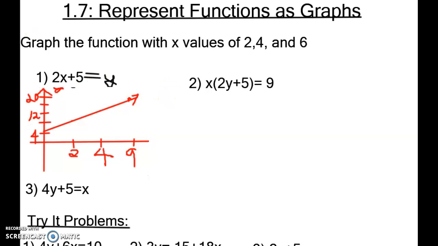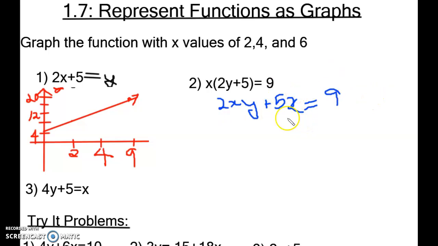They say x times 2y plus 5 equals 9. So here you'd have to distribute the x first, so your equation would be 2xy, no, my bad, plus 5x is equal to 9.